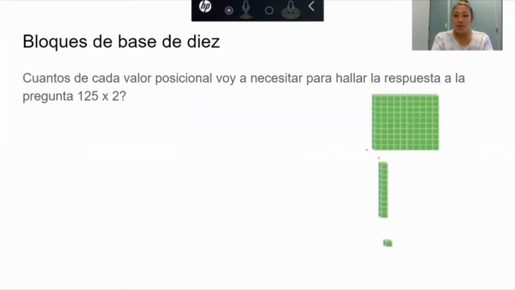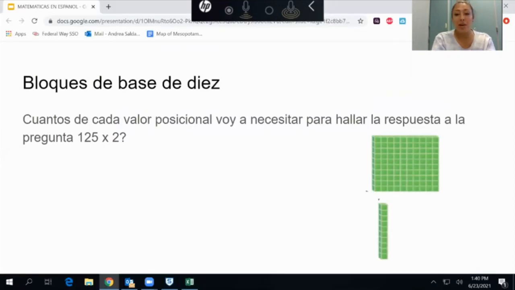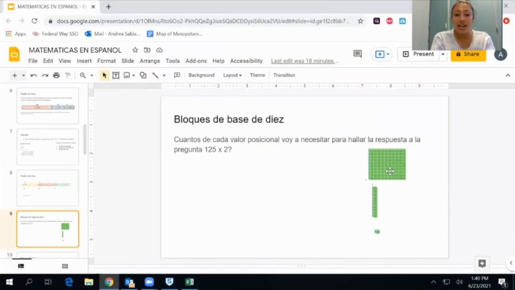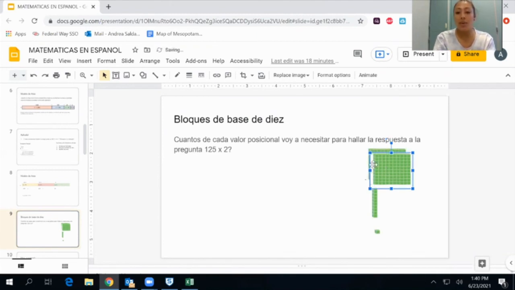El último modelo que les voy a mostrar es bloques de base de 10. Voy a usar los bloques de aquí en mi pantalla para hallar la respuesta a 152 multiplicado por 2. Primero, voy a usar mis centenas para mostrar 100 multiplicado por 2. Yo sé que esta caja quiere mostrar 100 y necesito multiplicarlo por 2. Solo necesito uno más.